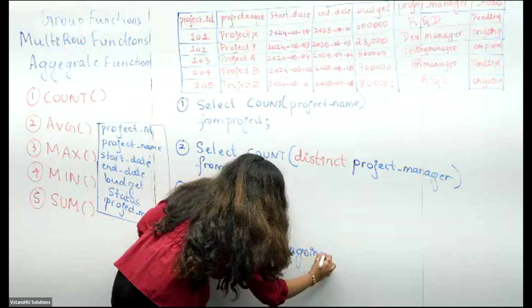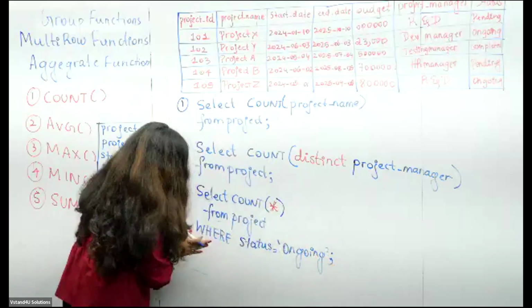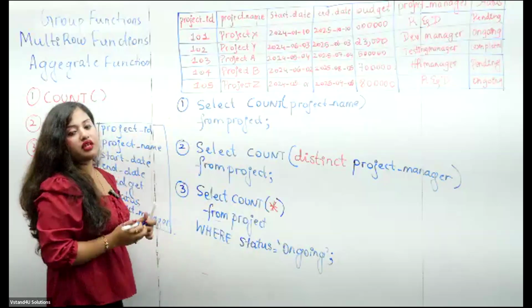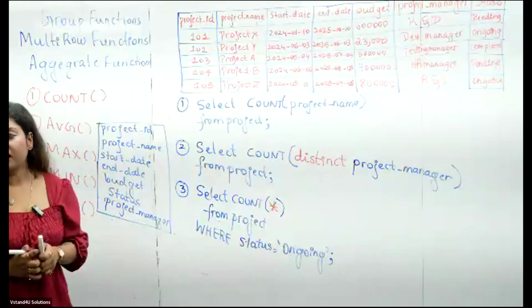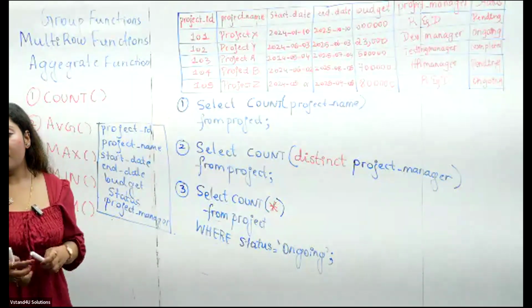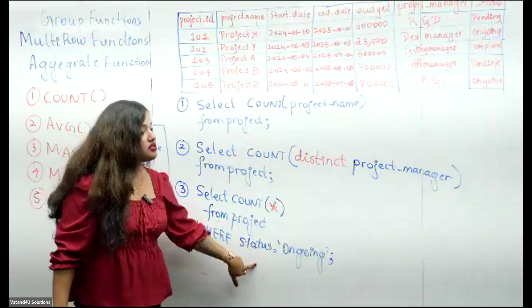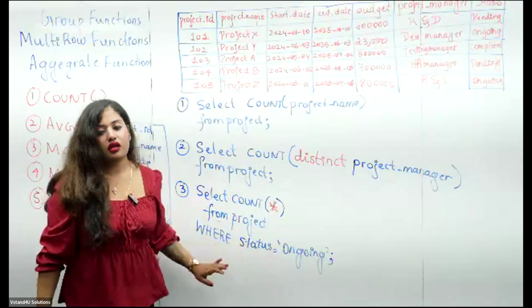Correct? What will happen if I don't use this condition? Whatever status is present in the complete table, everything will come. Since the condition says the status should be ongoing, that is why I am writing this.